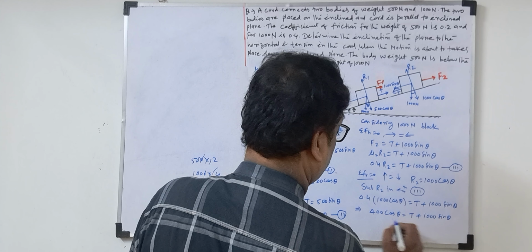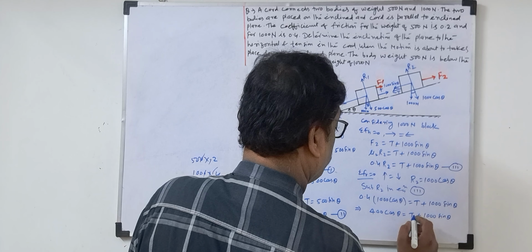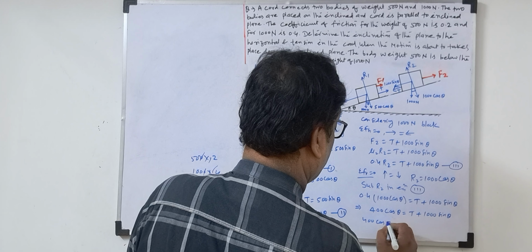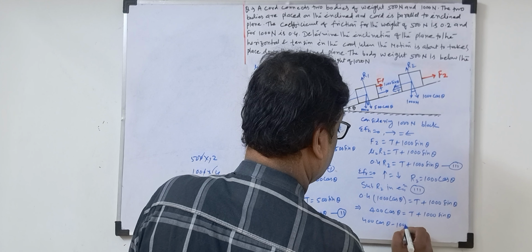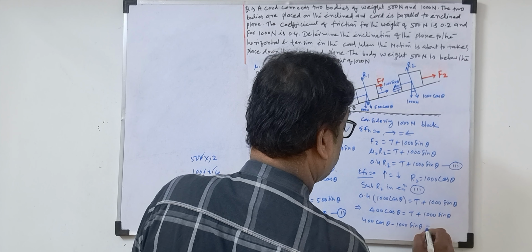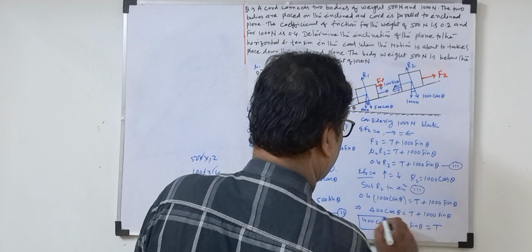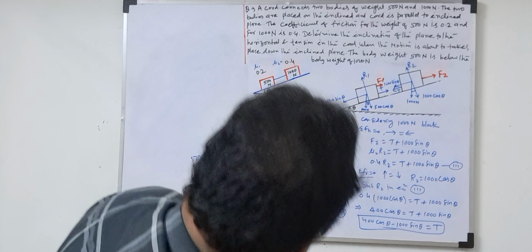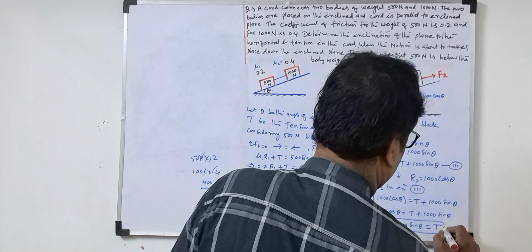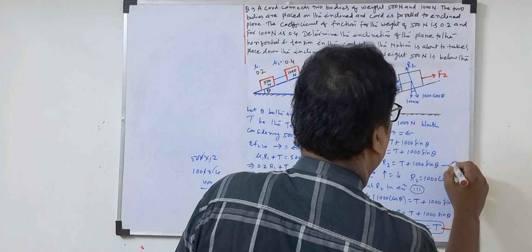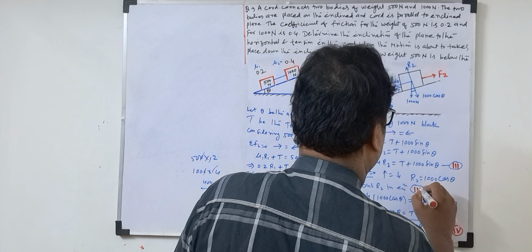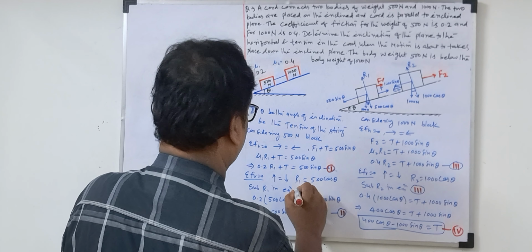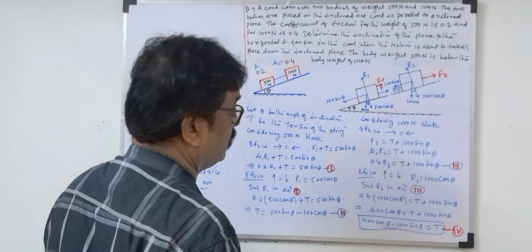Now T is equal to 400 cos theta minus 1000 sine theta. We got another equation; this will be equation number 4. Substituting into equation 3, this is equation 4, and the earlier one is equation 2, which we substituted in 1.